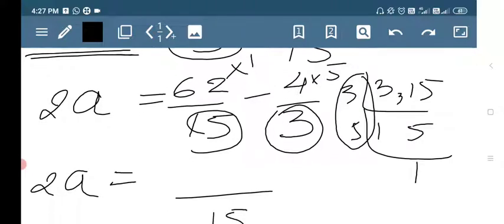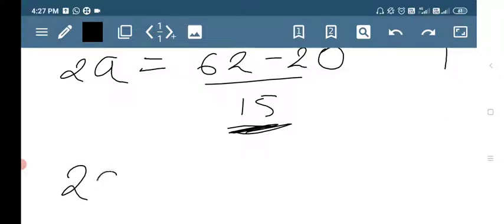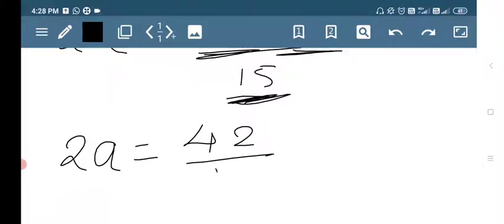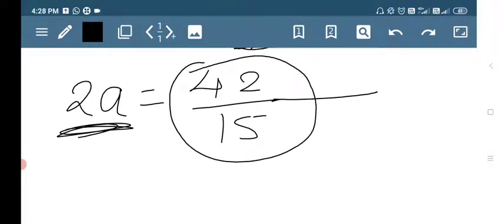Now 62 ones are 62 minus 4 fives are 20. So 2A is equal to 62 minus 20 is 42 divided by 15.